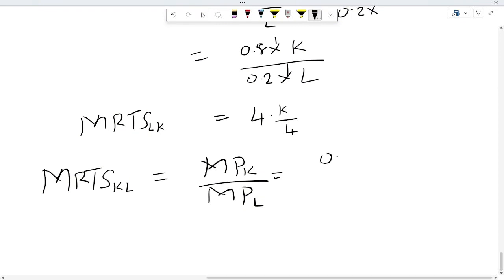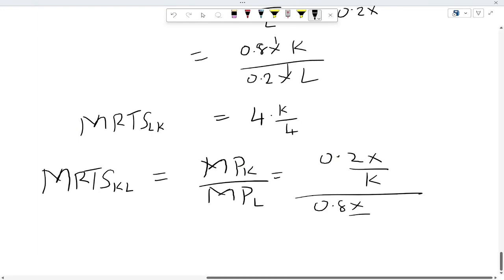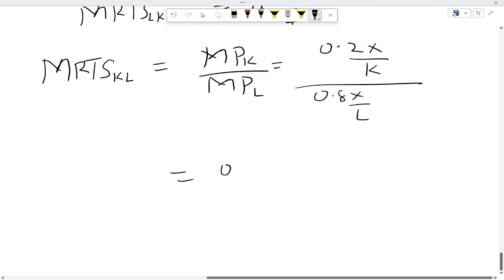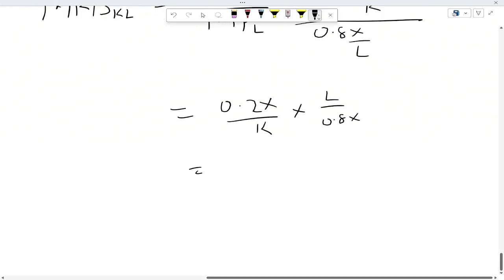This time around, 0.2x all over K, all over 0.8x over L. So from there, you have 0.2x all over K. Now, when the denominator is going up, then L becomes the denominator of that fraction. The numerator of that fraction, then 0.8x, becomes the denominator. So you can multiply them through just like you did the other one.